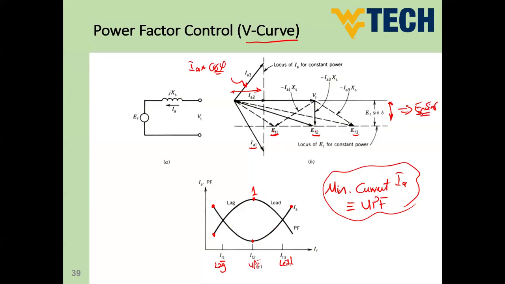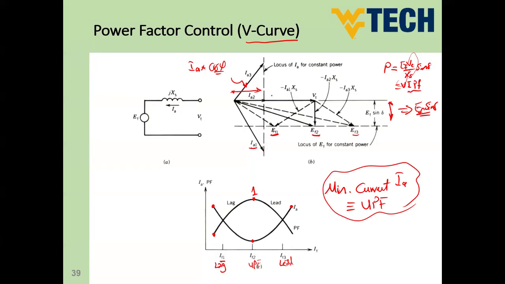So the power is proportional to these two terms. You remember that power equals EF VT divided by XS sine delta if we neglected the RA. So if VT and XS are constant all the time, power is proportional to EF sine delta. And the same, electrical power equals V terminal times I times power factor. So V is constant, so it depends on I times power factor.